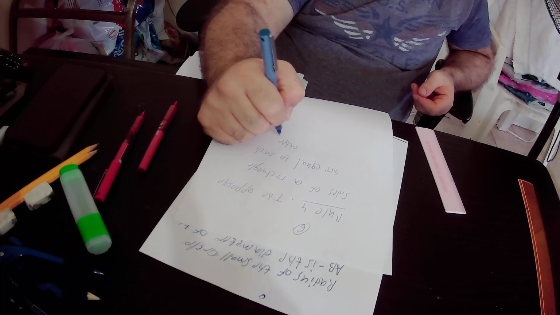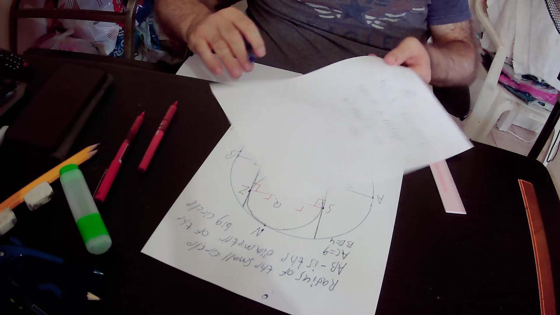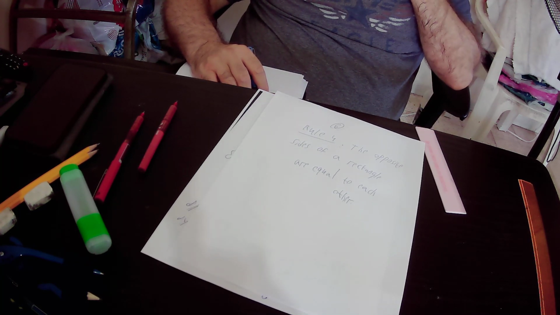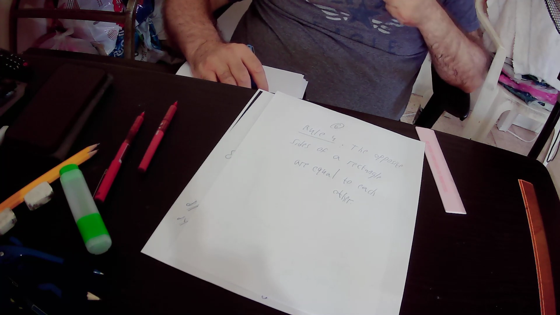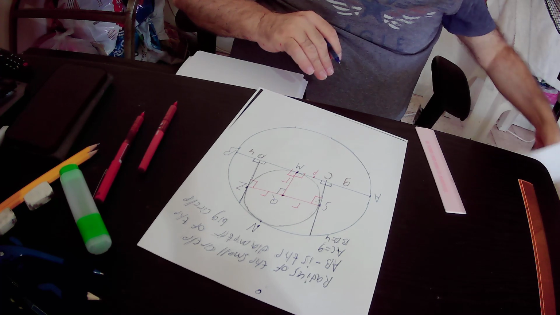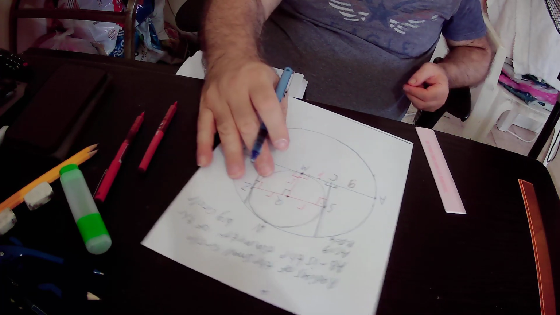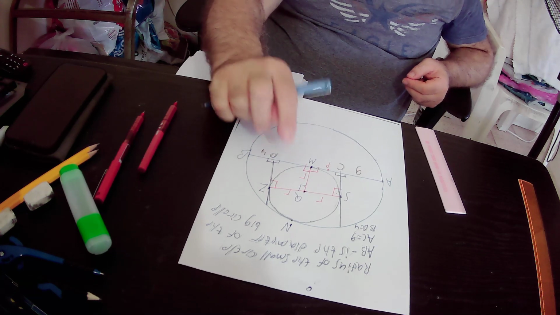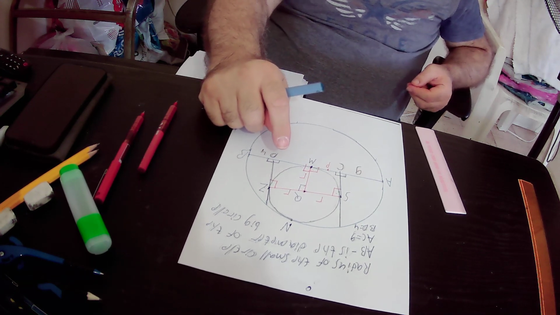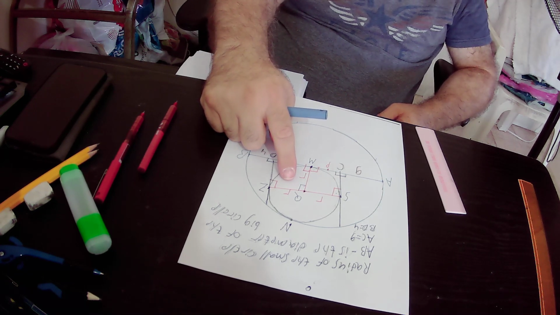So I will read rule number 4 again. Rule number 4 states that the opposite sides of a rectangle are equal to each other. So actually QZMD is a rectangle and QZ is the radius of the small circle.